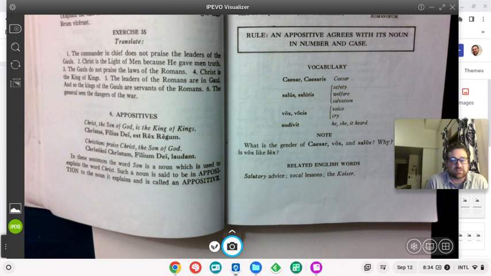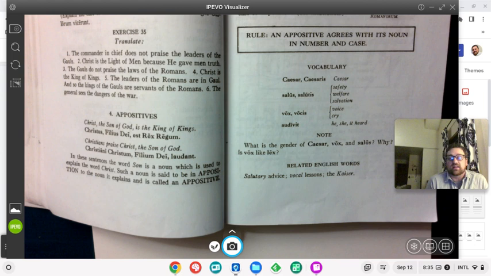And then audivit, which is he, she, or it, so it's singular, heard. So somebody or something heard. These may just be part of those sentences that we're translating that also contain appositives.